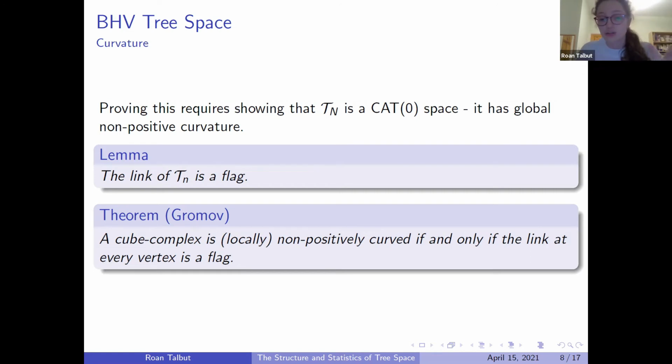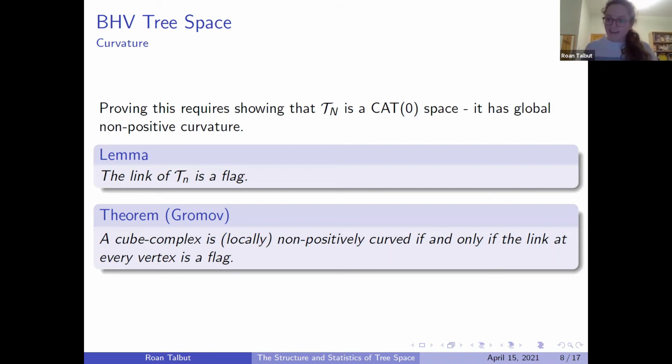It suffices to show that it's locally non-positively curved because it's a cone. We can just shrink everything down to our star tree, and we only need to consider the structure at that point. Showing that it's locally non-positively curved can basically be done by considering the link at the vertex and showing that this link is a flag.